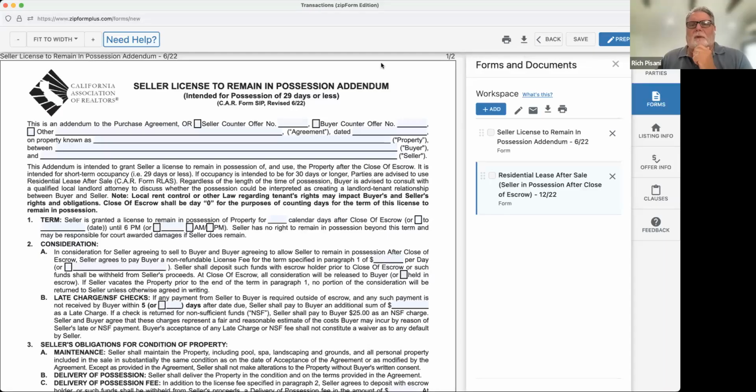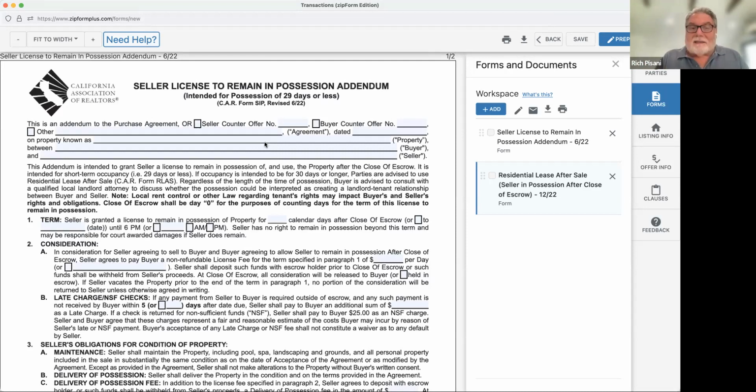All right. So what you should be seeing is the seller license to remain in possession addendum, which is the SIP. I said lease, but I didn't mean lease.